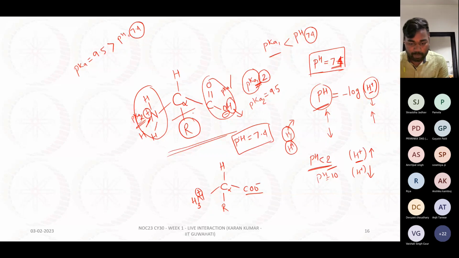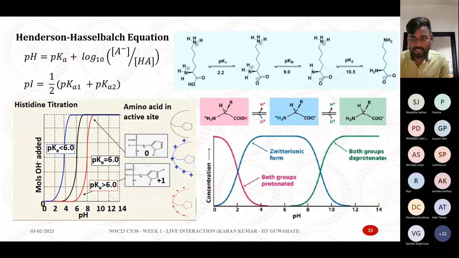To lose the proton from the amino group, the pH needs to be equal to or more than 9.5, and then only the amino group will lose its proton. The alpha carboxylic group will lose its proton at a pKa of around 2.